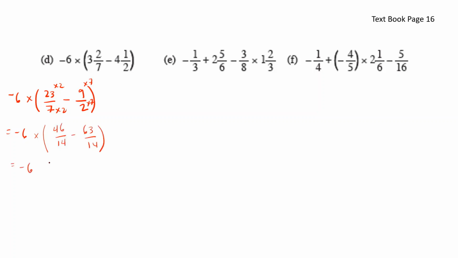This gives us negative 6 times negative 17/14. So negative and negative gives us positive. 6 times 17 gives us 102/14. And this gives us 7 2/7.